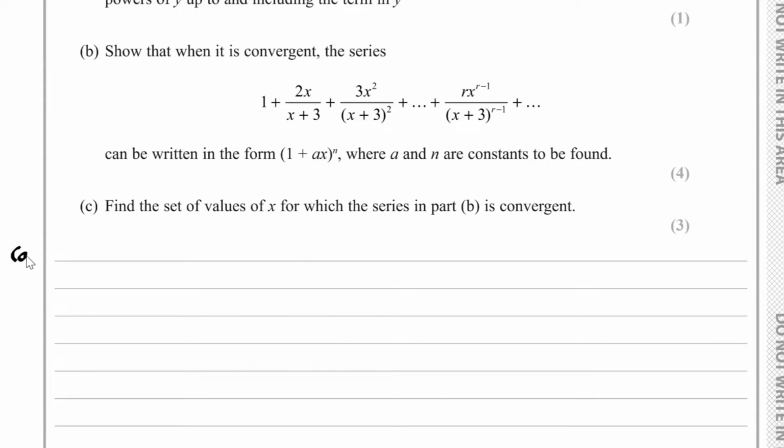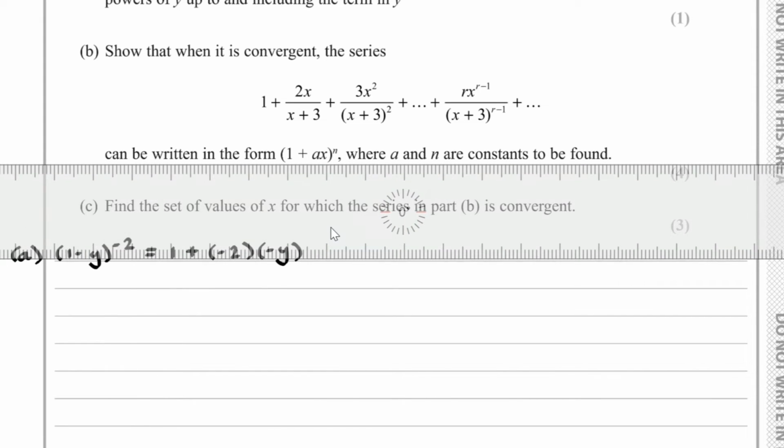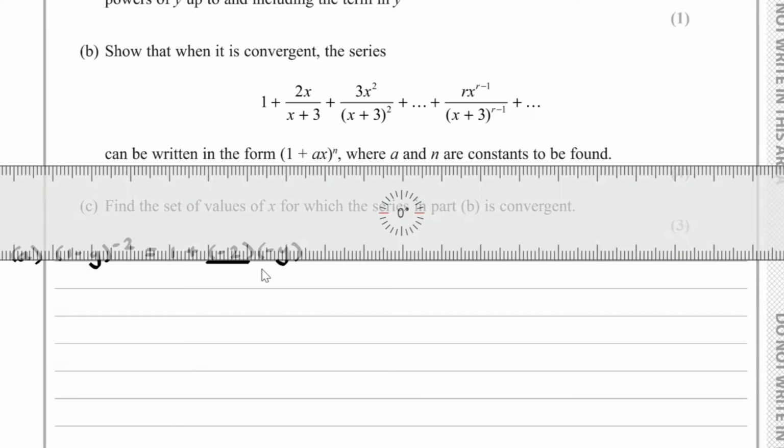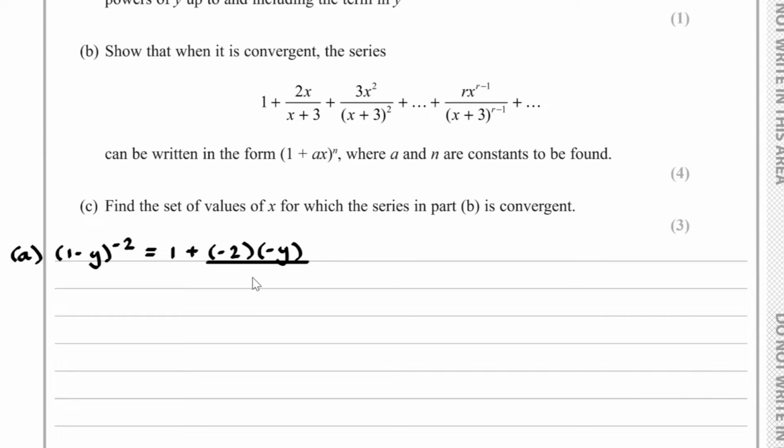For part A, we have (1 - y) to the power of minus 2, which is equal to, well, the first term will be 1, the second term will be minus 2 multiplied by minus y, divided by 1 factorial.